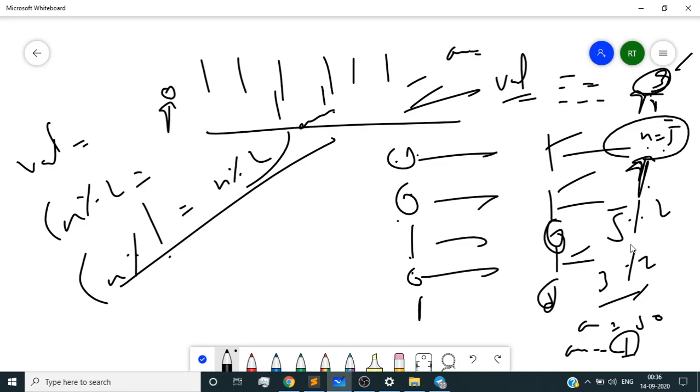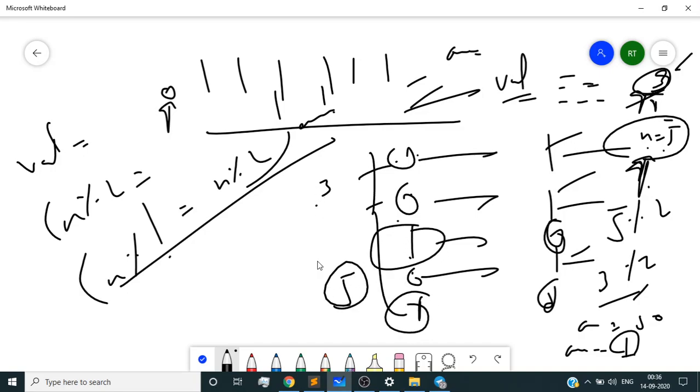Because if the parity is the same, then the remaining number of ones is even, and the result I would get from this would be 0, and otherwise what I would get is 1.